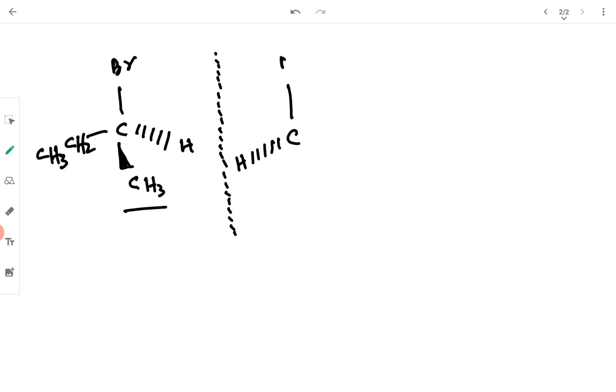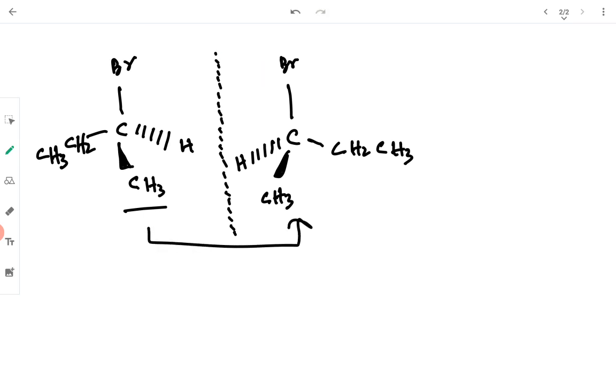Bromine here. You have a CH3 here. And you have here CH2, CH3. You can see these two isomers here, they are mirror images of each other. But what kind of mirror images are they?